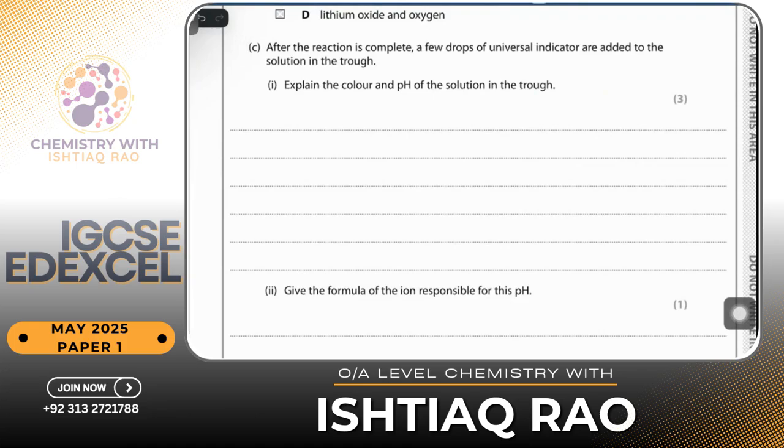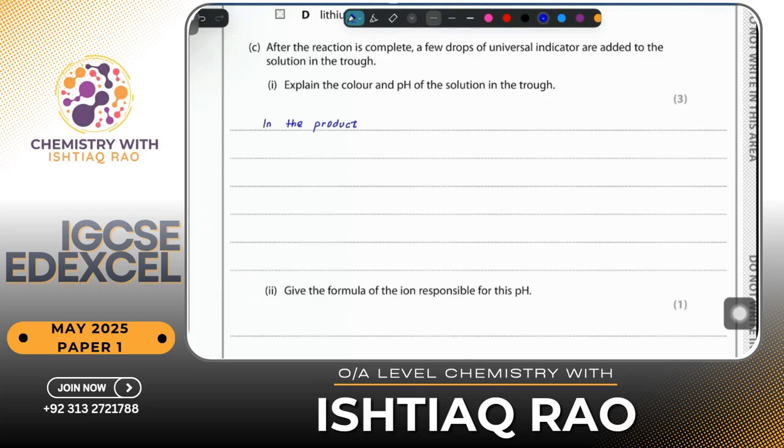Explain the color and the pH of the solution. In the product, alkali is formed. The color changes to blue purple.